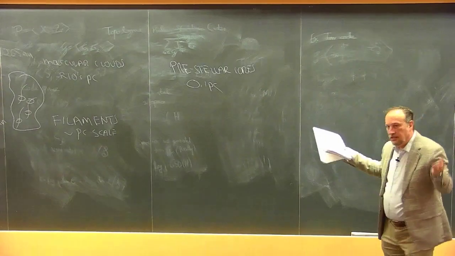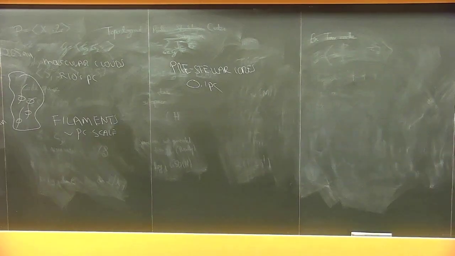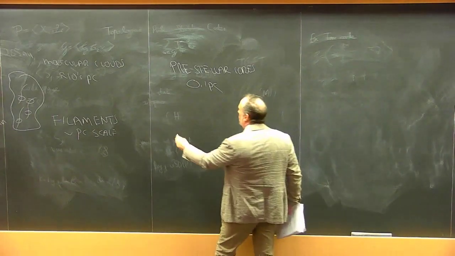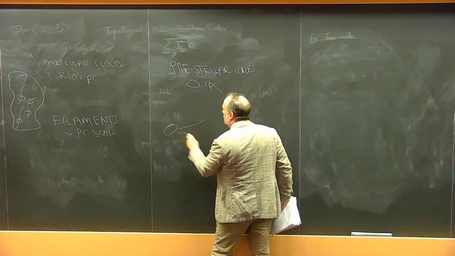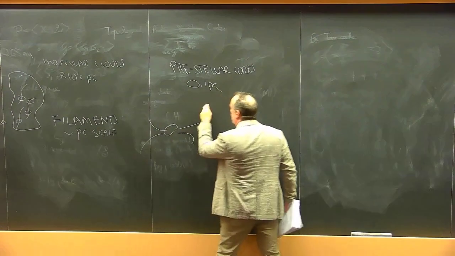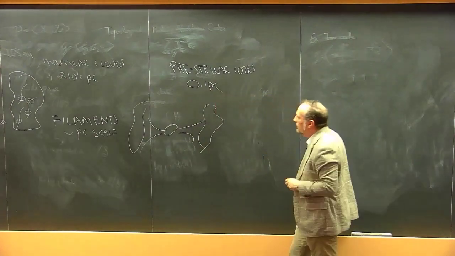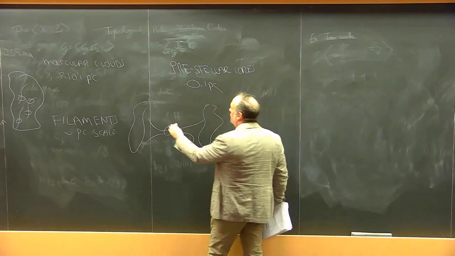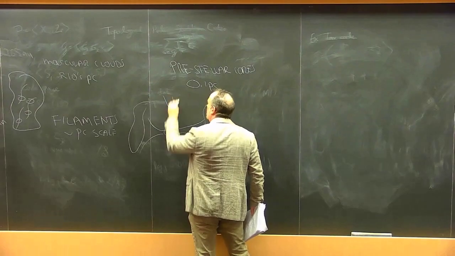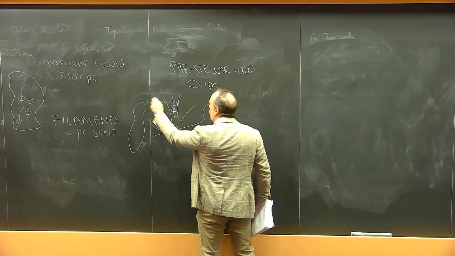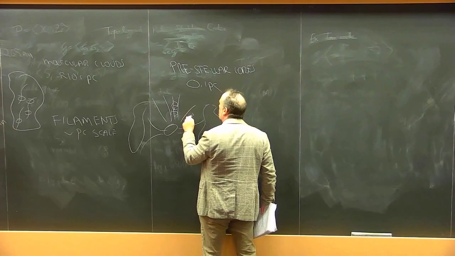All right, that thing collapses, it's rotating. Angular momentum is conserved, and it basically collapses to a star and a disk and maybe some outer envelope. When the star is accreting material, it also ejects it. It jets along its poles, and there are also more wide-angle winds.